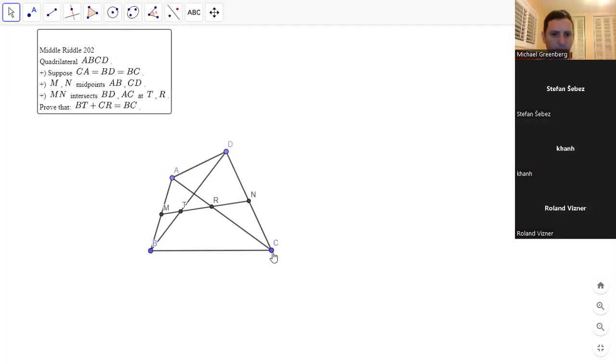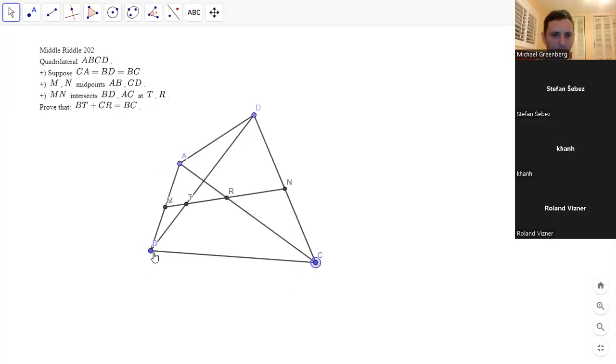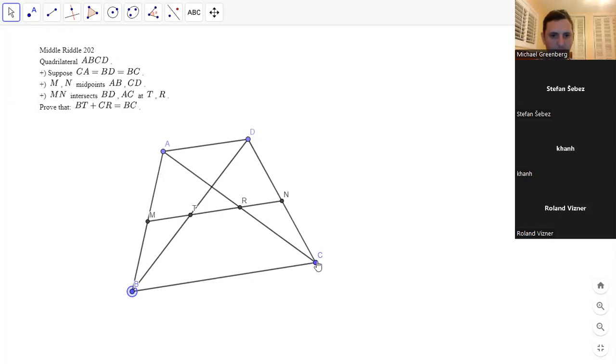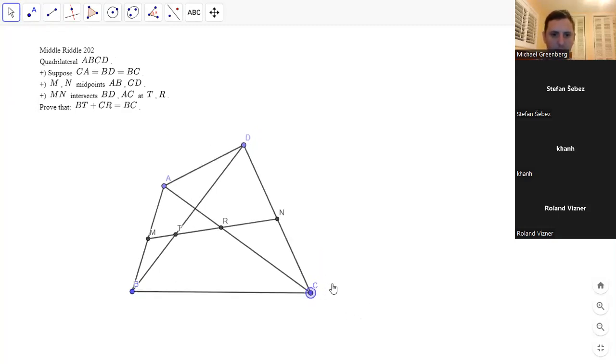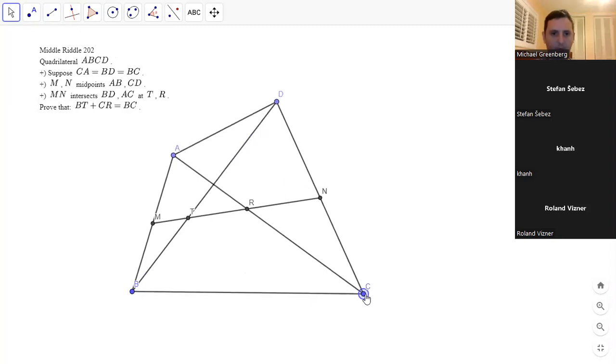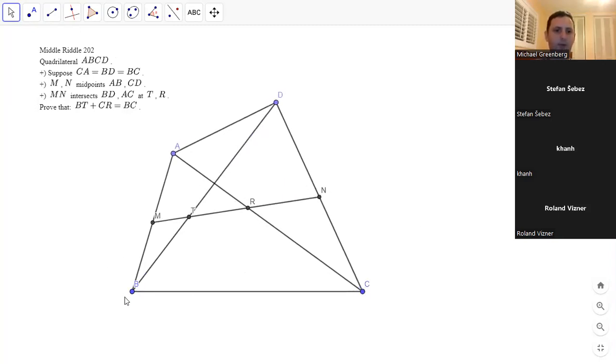Okay, so let's make this a little bigger, and try not to make it too much like a trapezoid. I think that looks good. So obviously BN is the foot of the altitude here, and CM is the foot of the altitude, because these are isosceles triangles.